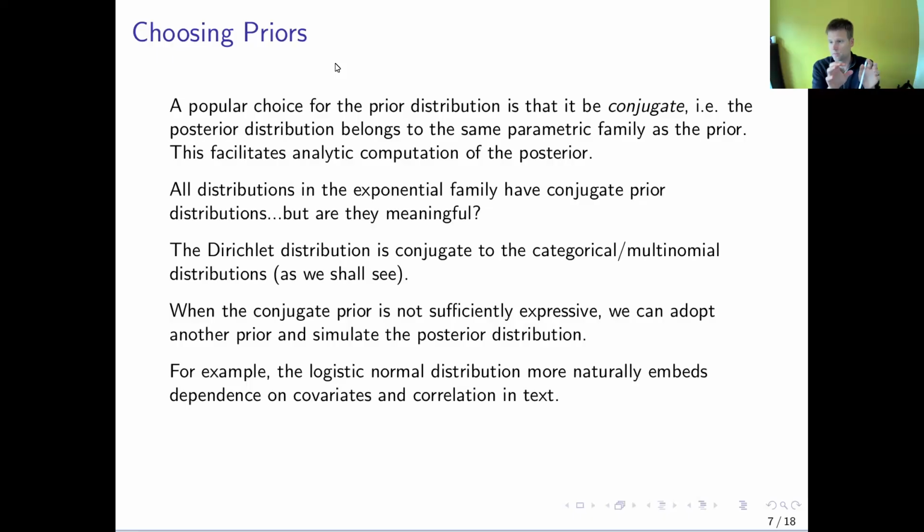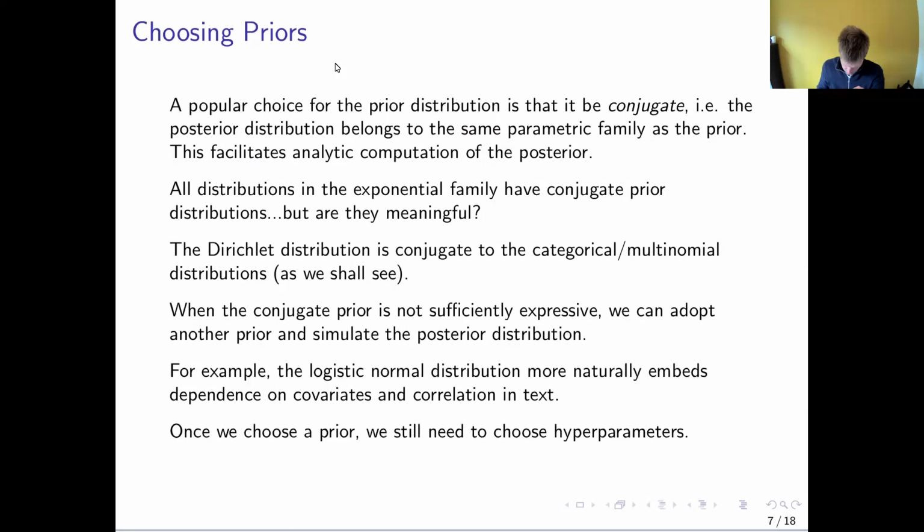A conjugate prior is about specifying a family, not about specifying the member of the family. So hyperparameters are going to determine the particular instance of the prior distribution that I'm going to use in a particular problem. To be clear, hyperparameters are parameterizations of the prior. Okay.